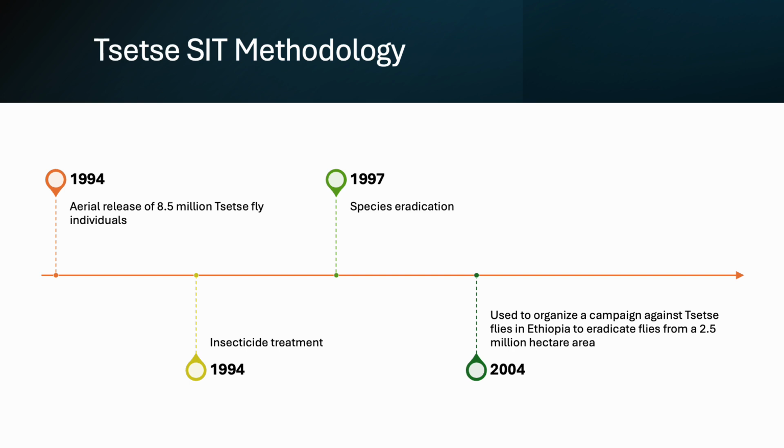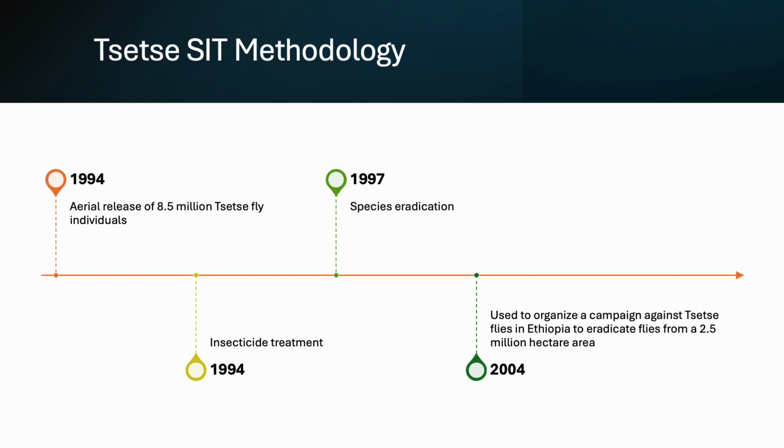The methodology consisted of aerial releases of 8.5 million tsetse flies that began in 1994. Alongside these releases was an insecticide treatment.